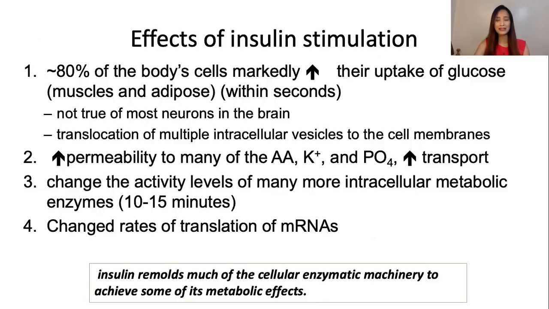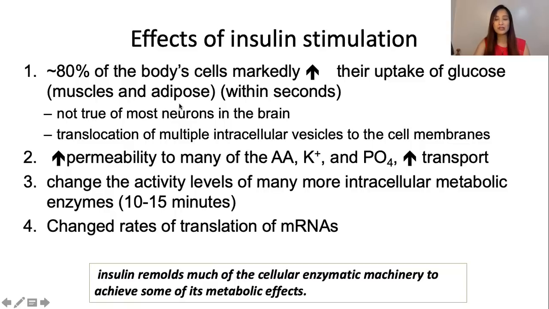What happens when insulin stimulates your body cells? 80% of the body cells markedly increase their uptake of glucose, because insulin, as I mentioned earlier, acts like a key. So glucose can enter your muscles and adipose tissues within seconds.